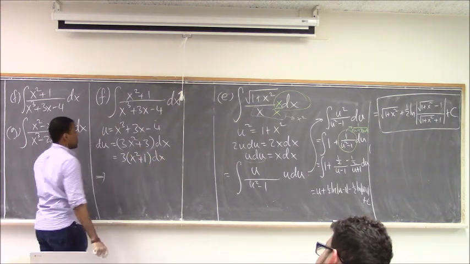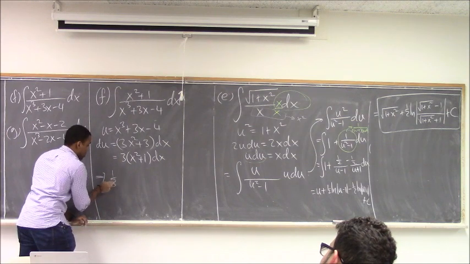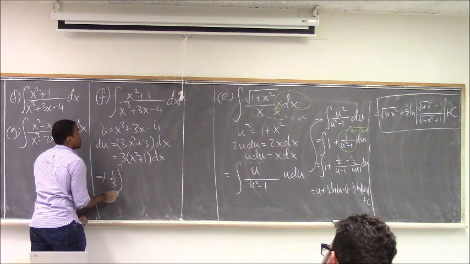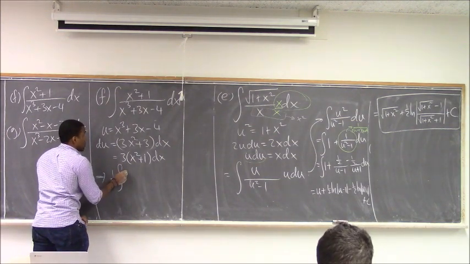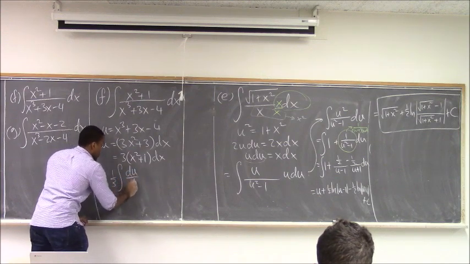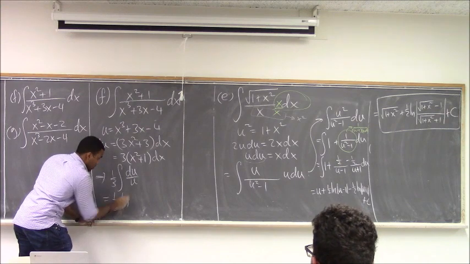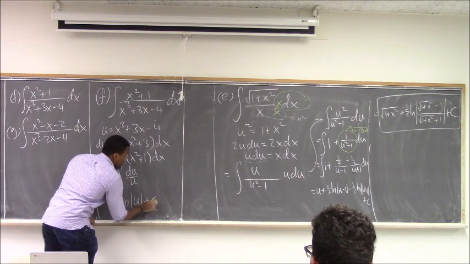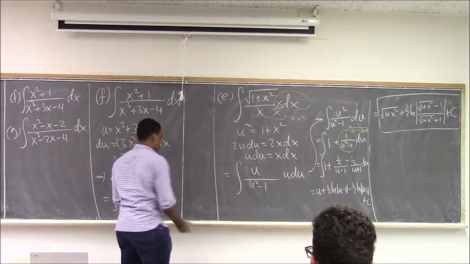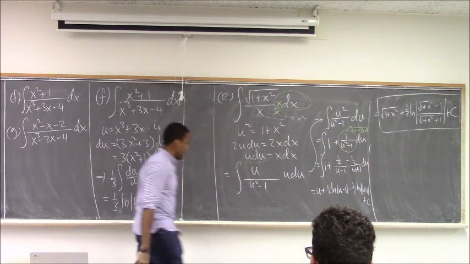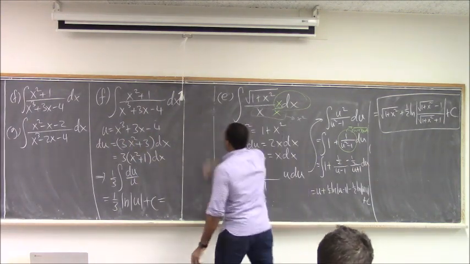So your integral becomes 1/3 the integral of du over u, which is just ln of the absolute value of u. No partial fractions are necessary because that's straight up substitution.